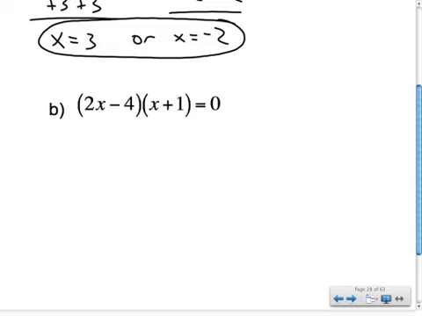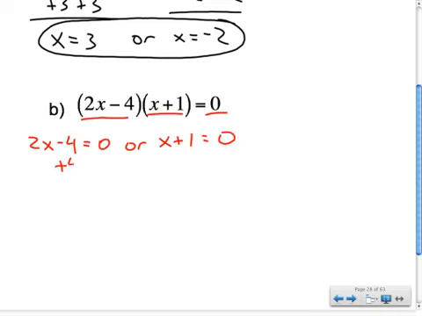Second one here, again, before we would multiply this out. We don't want to do that. We want to solve. So I have two things multiplied together to get 0. So what does that mean? That means that either 2x minus 4 is 0 or x plus 1 is 0. If 2x minus 4 is 0, I add 4 to both sides. I get 2x equals 4.